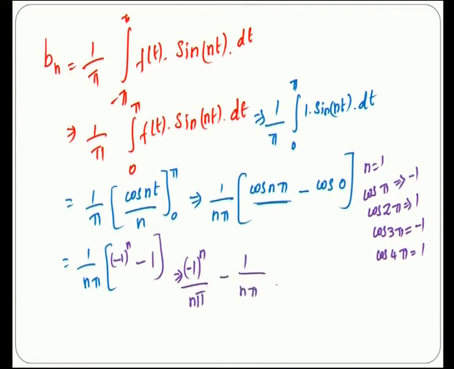So, this is the b n value. B n value is minus 1 power n minus 1 divided by n pi. This is the way we are obtaining the value. Now, by varying the n value you can get the coefficients.